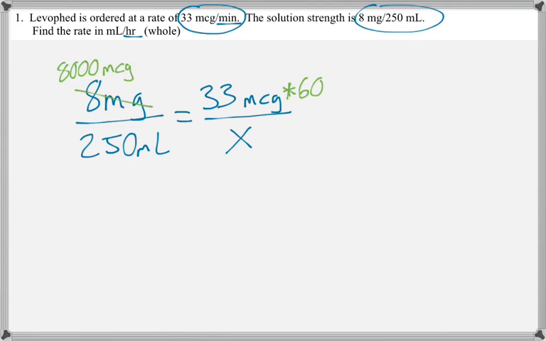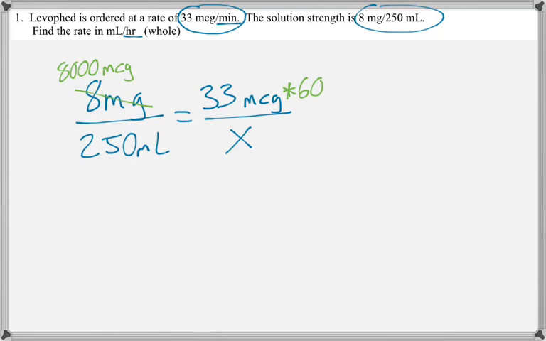And the reason why I'm doing this is because the 33 is per minute. So it's a rate that's per minute. And they want the rate to be per hour. So there's 60 minutes in an hour. So if I multiply the 33 by 60, then that will now be correct.